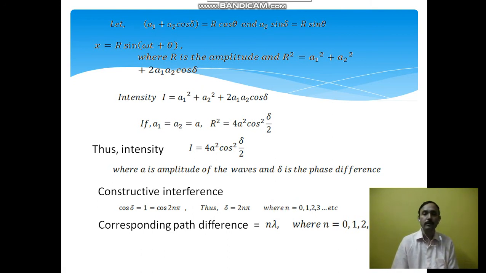As we know, the relation between phase difference and path difference is phase difference is equal to 2 pi by lambda into path difference.